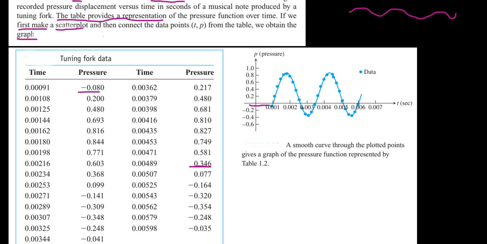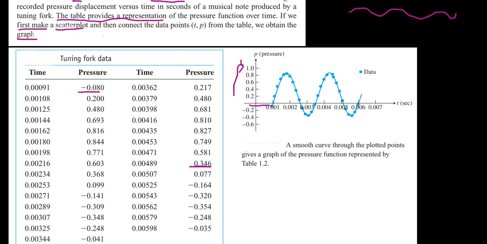Whenever you are given any example of this numerical kind, either you have to experiment to get all the data, or maybe they already provide you this data so that you can easily use these values to plot a graph like this.